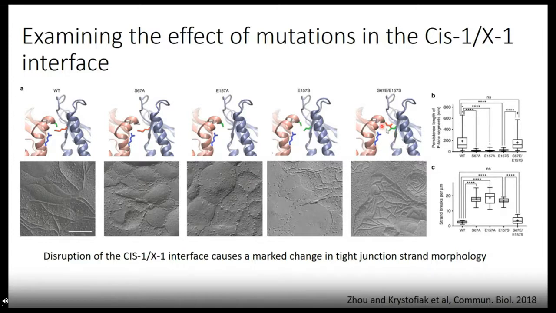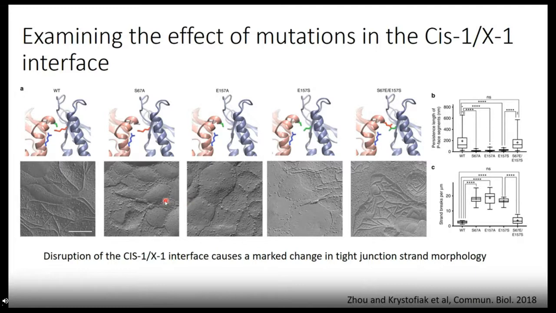We can actually swap these two residues, so the serine to glutamic acid and the glutamic acid to serine, and that will actually form a normal-looking strand network, which is really cool. If you do the single mutations, they still have the broken morphology. So this suggests this is a rescue by maintaining the same interaction, just swapping which Claudin is doing the interaction with the other.